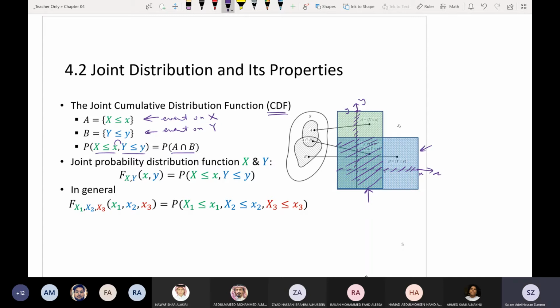In this case, the joint probability distribution function of X and Y is defined as this, where X and Y are the random variables and these are the dummy variables.